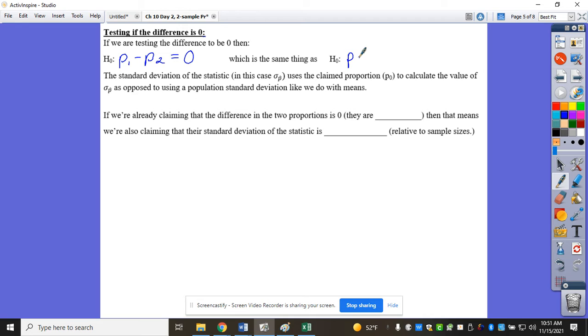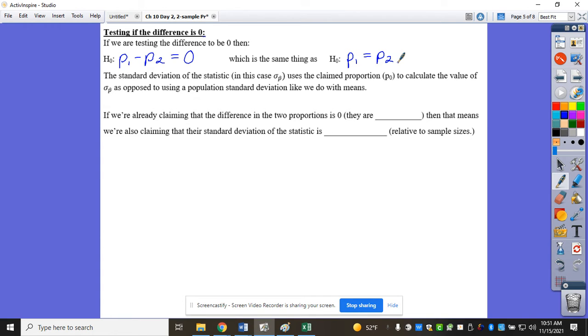Yes, but what is the really easy, obvious thing that's going on right here? Right? So when we write a test, we're usually going to write it this way, but you'll see things like a multiple choice question where it'll show this, which is algebraically the same thing. So basically our claim here is that the two proportions are the same.